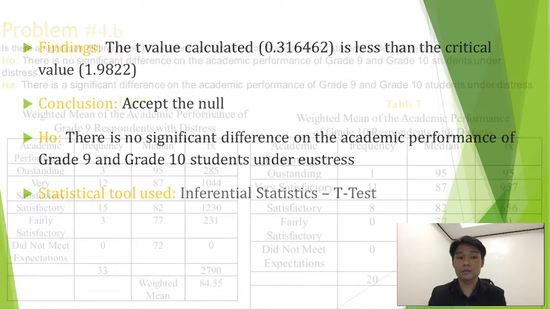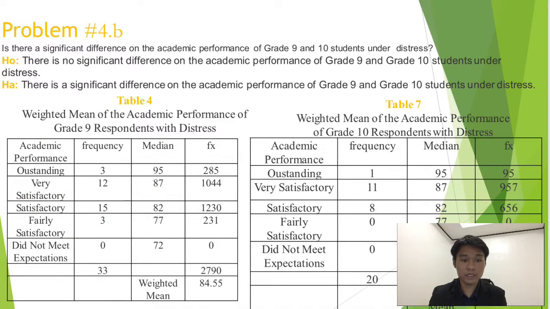For the distress problem, is there a significant difference in the academic performance of grade 9 and 10 students under distress? For the null, there is no significant difference in the academic performance of grade 9 and 10 students under distress. For the alternative, there is a significant difference in the academic performance of grade 9 and 10 students under distress. To find the findings and conclusion, use tables 4 and 7.